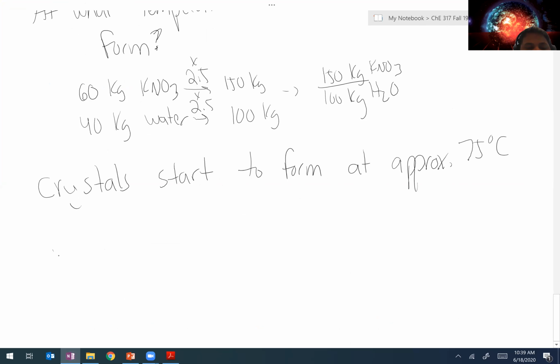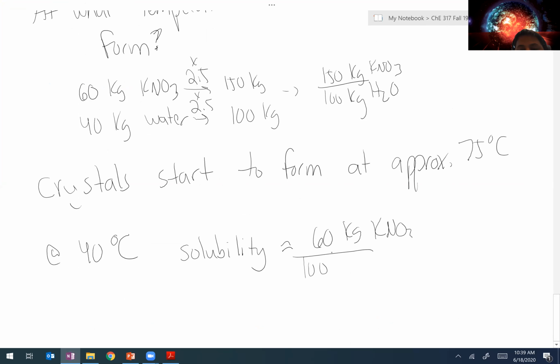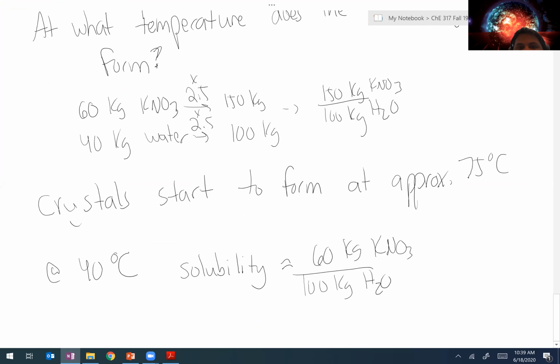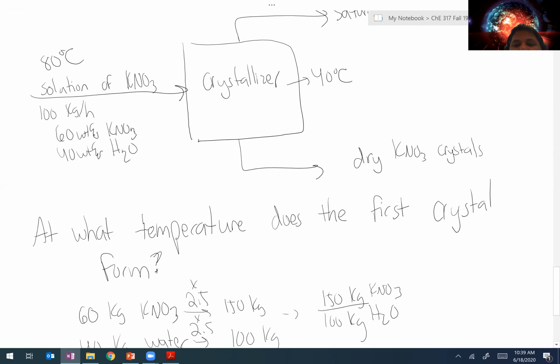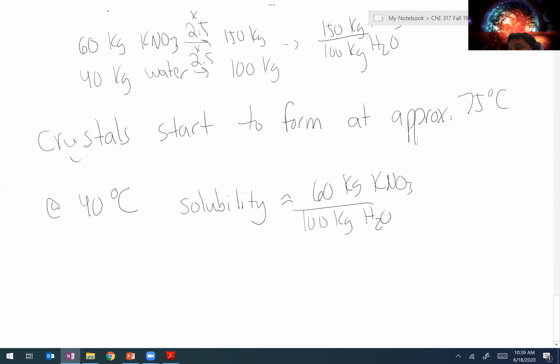So if I know at 40 degrees Celsius, the solubility is about 60 kilograms potassium nitrate per 100 kilograms water. That tells me the weight fraction in that saturated solution of crystals.